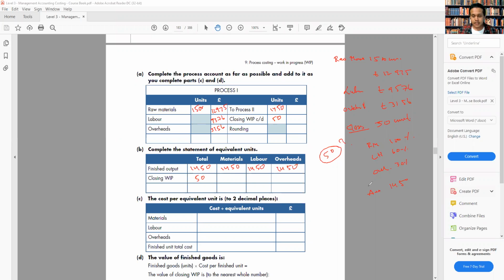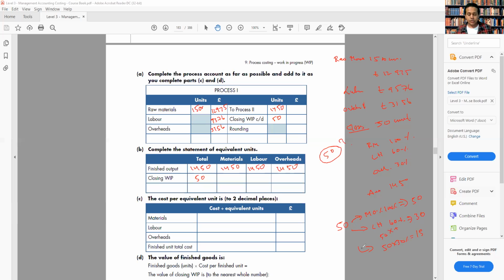Now the question said out of these 50 units, the material is 100% completed, so I said full complete, 50 units. For the labor it is 60%, so we have to calculate 60% of that. 50 times 60% gives you 30 units. And the overhead is 30%. So 50 times 30% gives you 15.